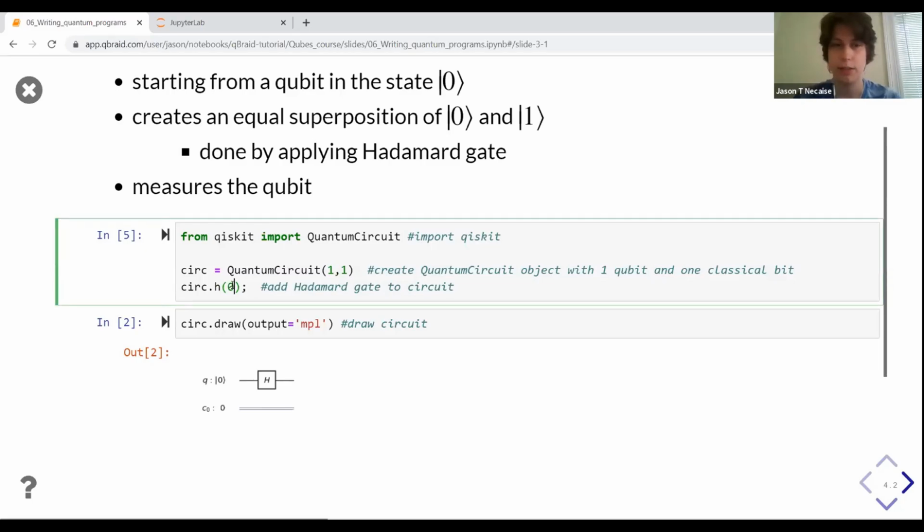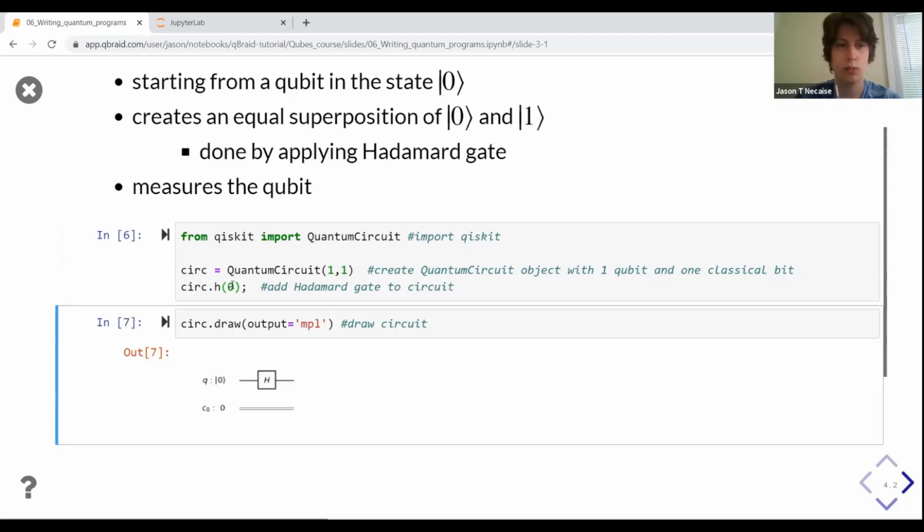What about the state 0? I don't think I understand that question. We're constructing our quantum circuit and telling Python that this object is the circuit and it has a Hadamard gate on the 0th qubit.